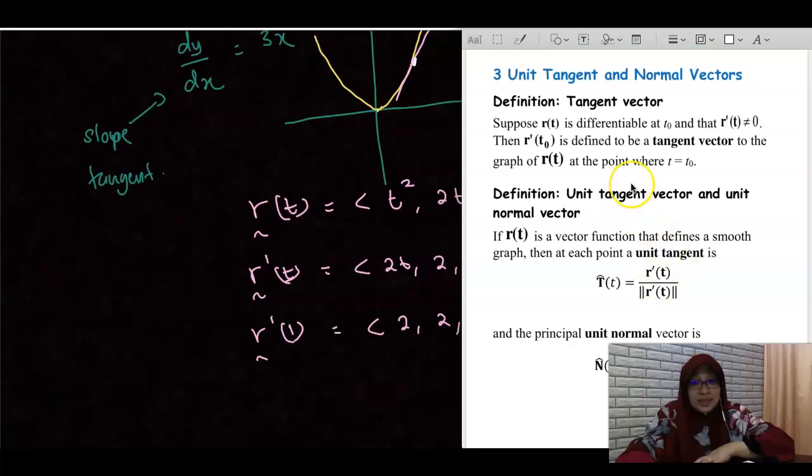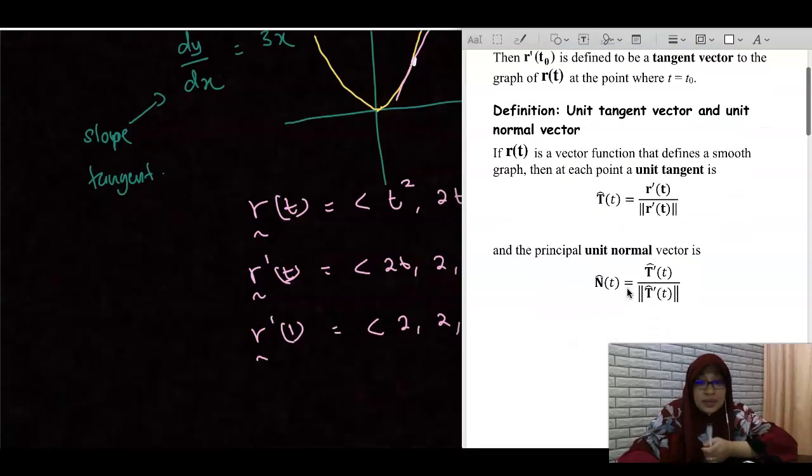So you use the result of r prime, which is the tangent vector, and divide it by the magnitude of the tangent vector. This result, which gives you a new vector, is called the unit tangent, denoted by capital T.